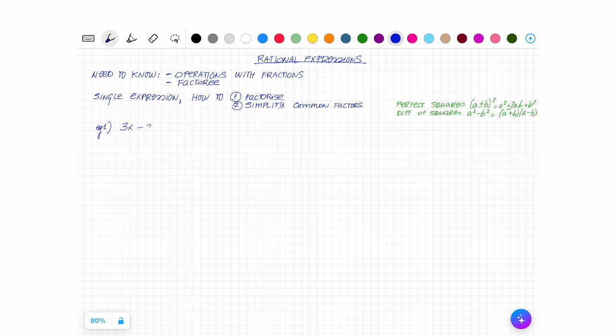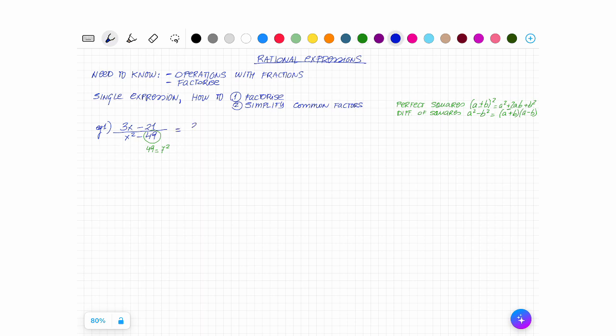And they ask me to simplify this. And this is one of the cases we were just talking about. I realized that 49 is a square number, so I know that's a difference of squares.